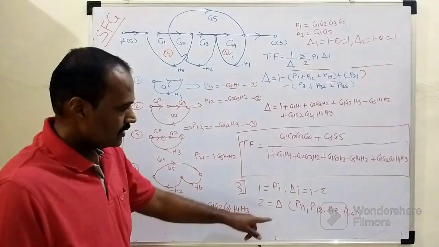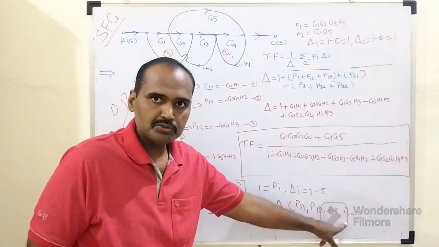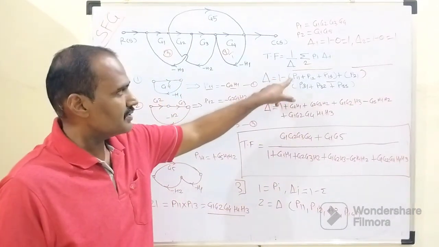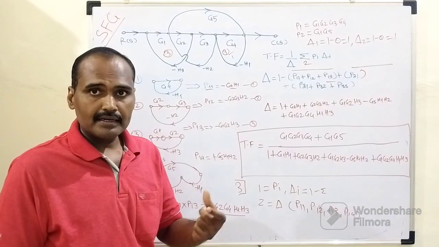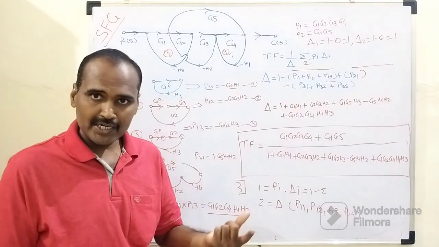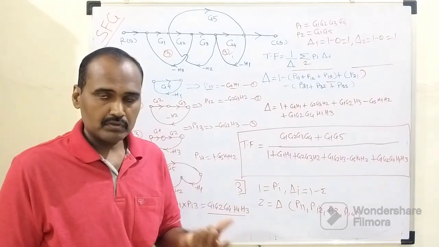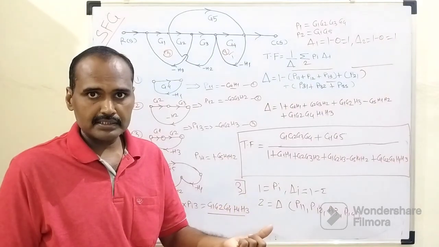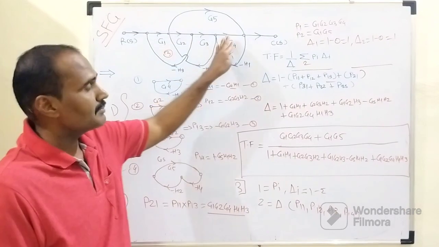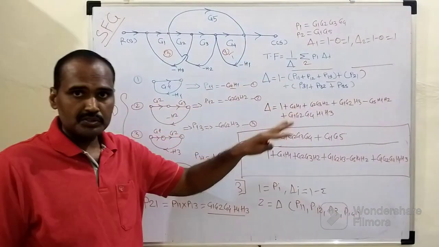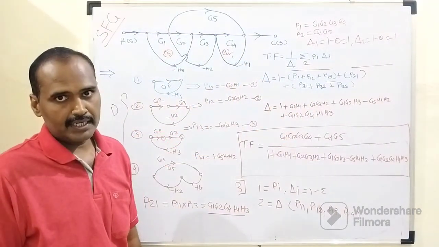The summation of all individual loop gains gives you the first parenthesis. The second parenthesis stands for the gain product of any two non-touching loops. We call these 2 or 3 loops non-touching when they are not sharing the same nodes or the same elements, right?